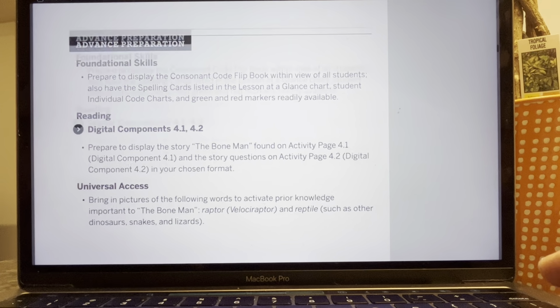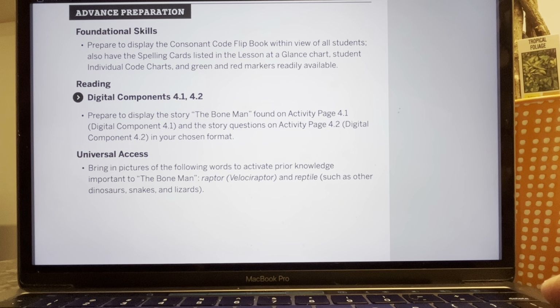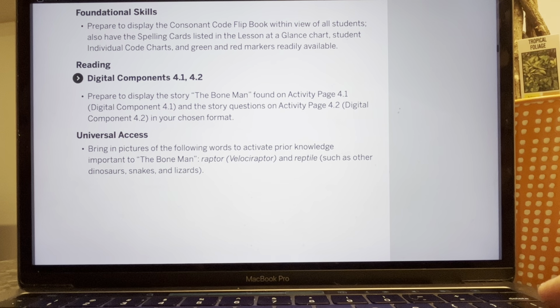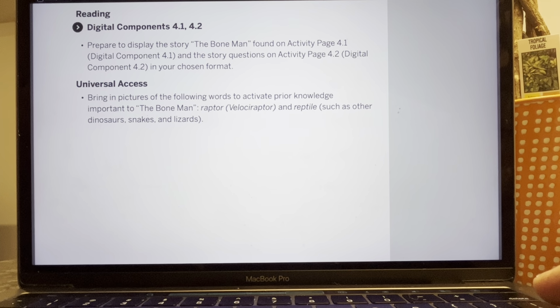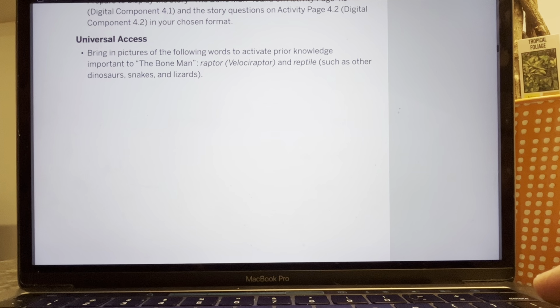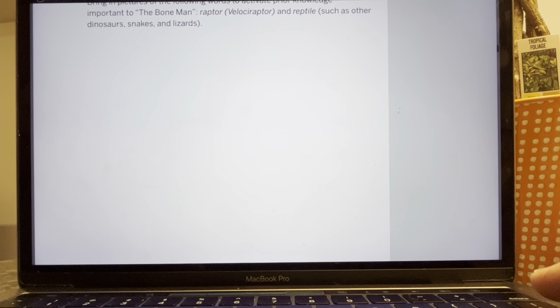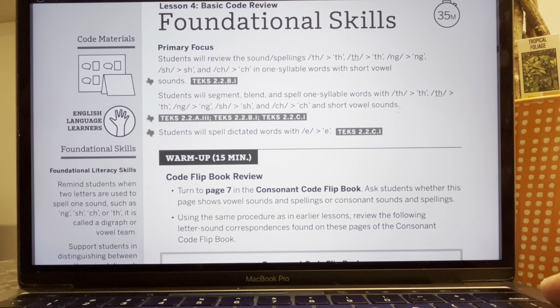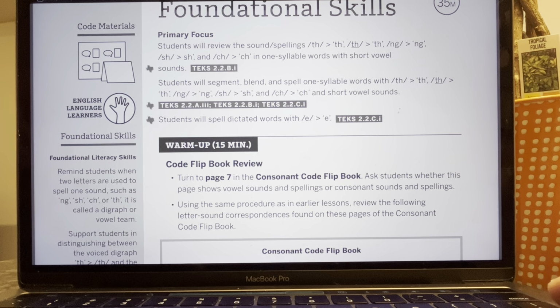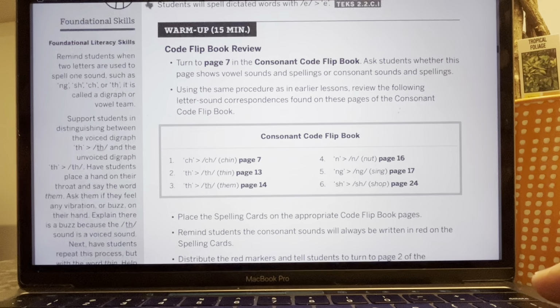The fundamental skills display student understanding of the spellings of consonants and words. So as we go down the lesson, we find the start of the lesson, which is a review of those consonant flip books. This is what it looks like.